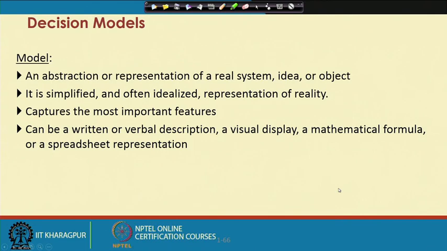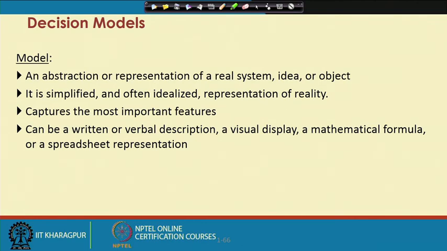So, first of all, what exactly are models? We are living in a real life scenario, and the problem, the environment, is very complex and very difficult to analyze. With the help of models we can simplify the particular structures, and we may be in a position to solve some management decision problems, or to take decisions which may be very effective and attractive.